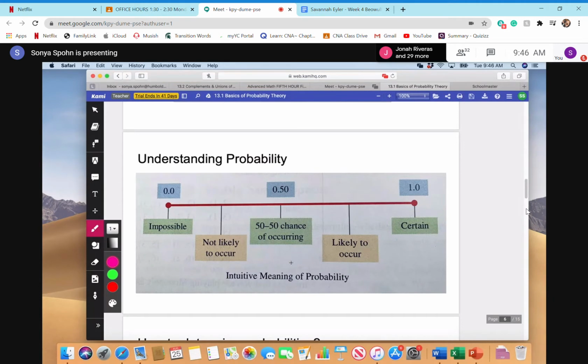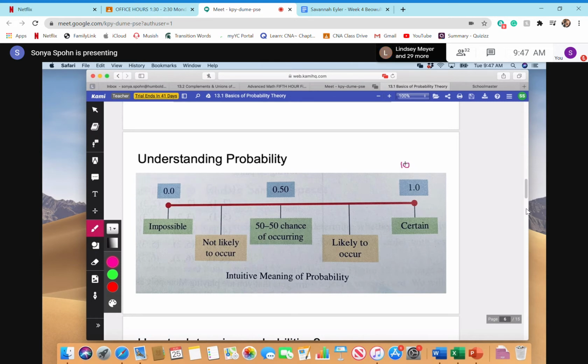So if you've ever worked with probability before, probability falls between 0 and 1. You will not have a 250% chance of doing something. It's either 0, any number in between, or 1. Then 0 probability is impossible, and if you have a probability of 1, then that will definitely happen. They sometimes turn these into percents.